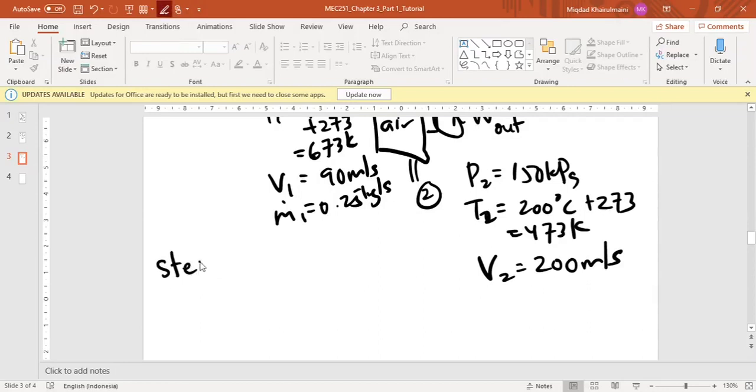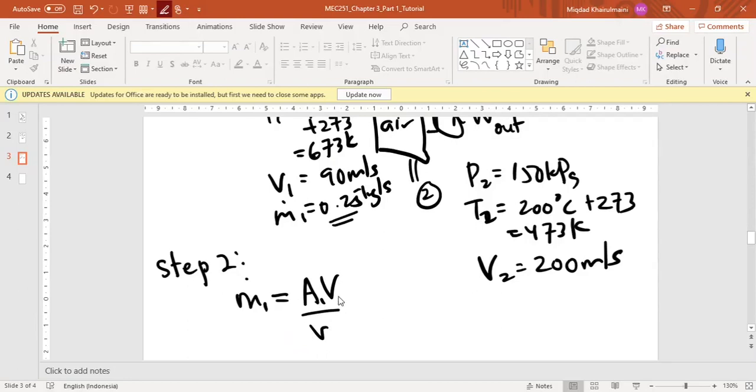For step 2, the equations we're going to use. For area, the first equation we should try to use is the equation for mass flow rate, because we have the value for mass flow rate, and inside the equation for mass flow rate there is the term for area. So mass flow rate equals area multiplied by the velocity divided by the specific volume. We do it at state 1.